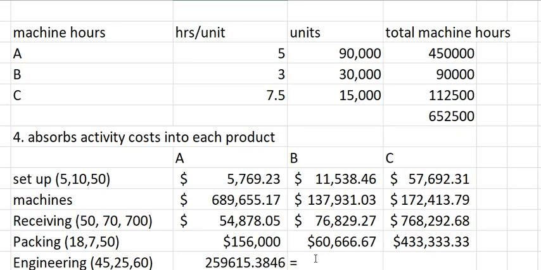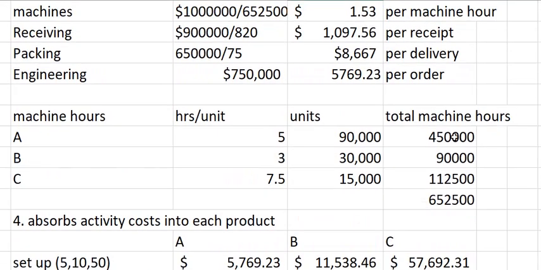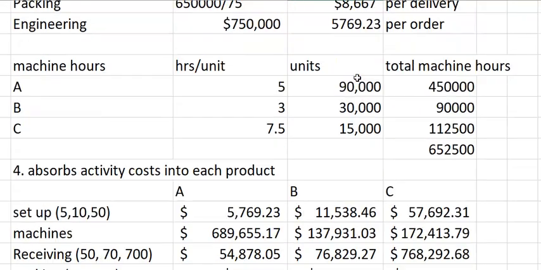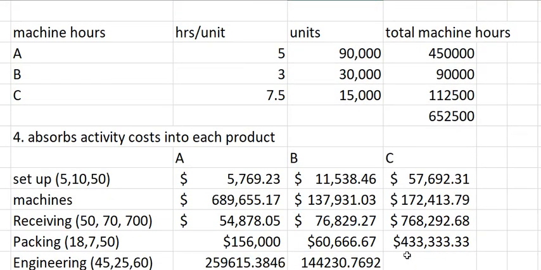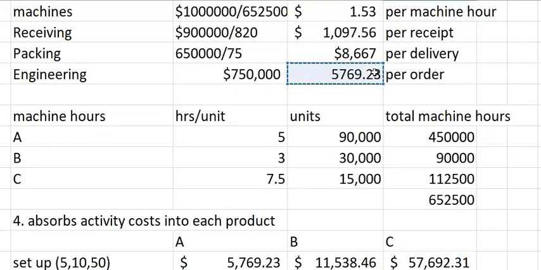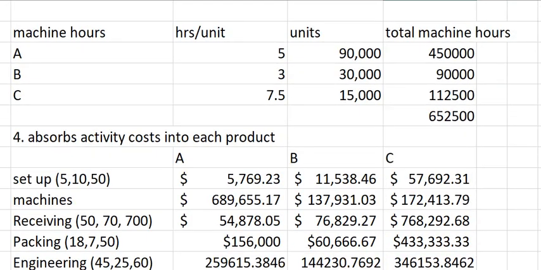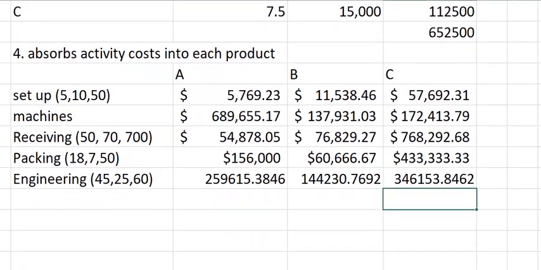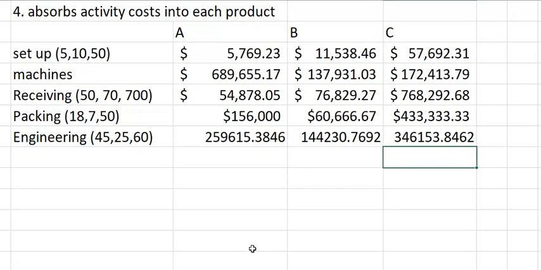For B, 25 times the same value, 769. Then for C, 60 times the same value. Okay, so we are done. I think this is the most time consuming part. So let's now prepare for adding those values.